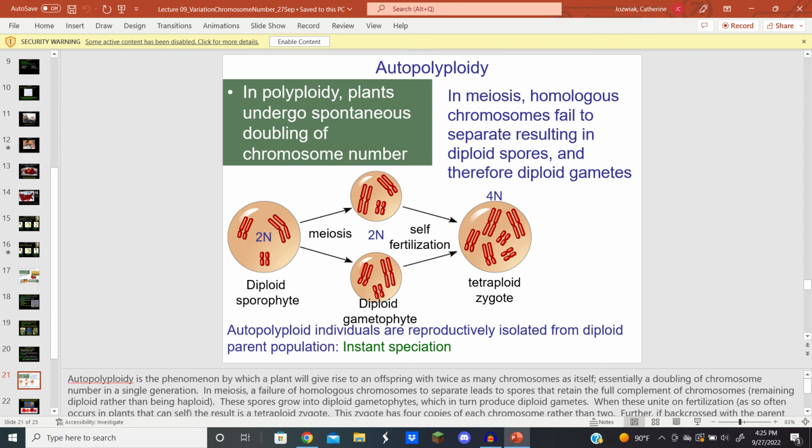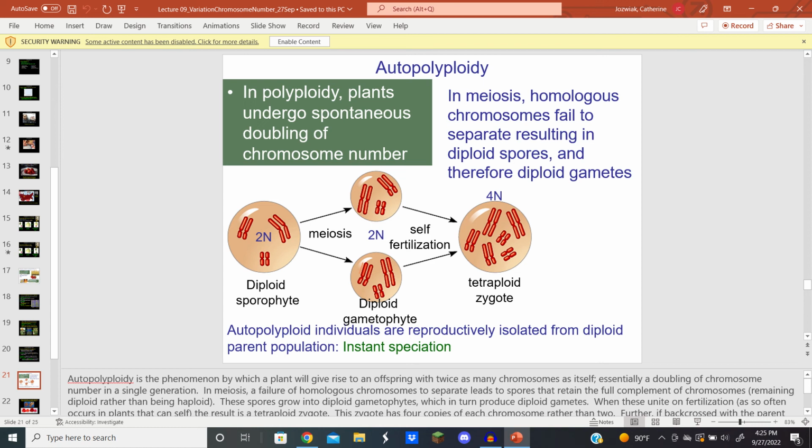Don't worry about that. This will undergo meiosis, but if meiosis fails because you have a failure of spindle formation, you can end up with diploid gametes. And when these diploid gametes come together in self-fertilization, which is really common in plants, right? Most plants have flowers that have both male and female sexual function, so they can basically self-fertilize.